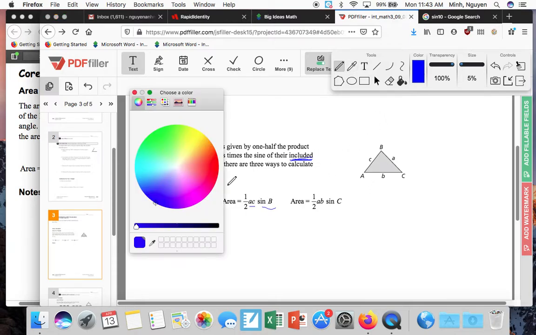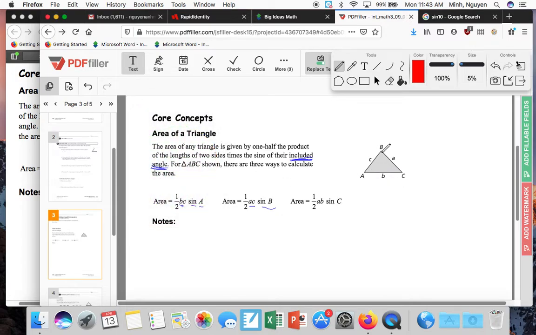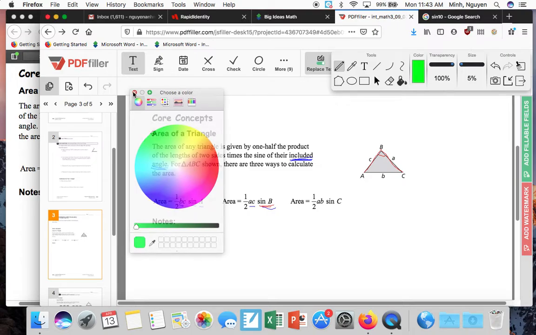So let's use a different color. We have AC, and the included angle for AC is this one. And let's go to the last one.